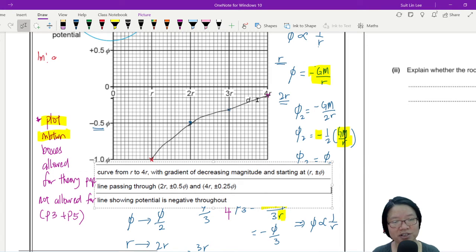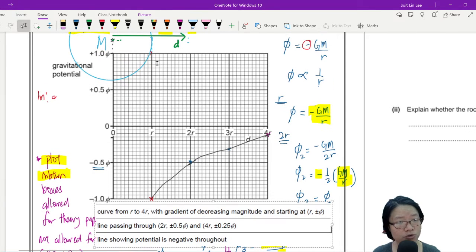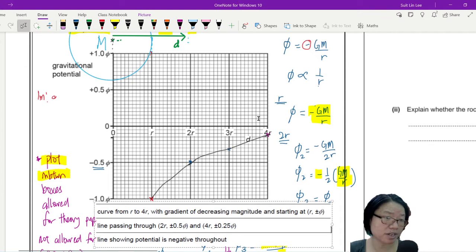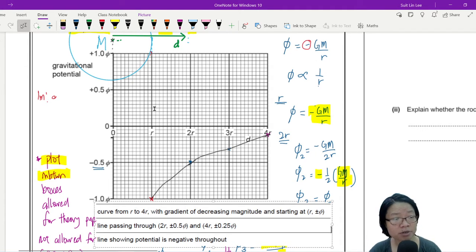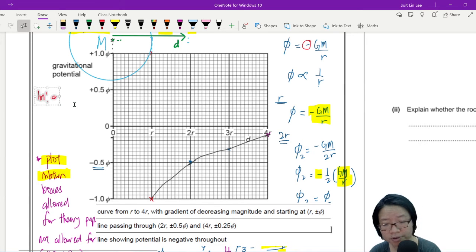So the curve and the shape is 1 mark. The line passing through this point and this point is 1 mark. And then the line showing that the potential is negative throughout is 1 mark. So if you drew the positive here, you will get 2 out of 3, which is not that bad. So don't leave the sketching stuff empty because they're generally quite straightforward.